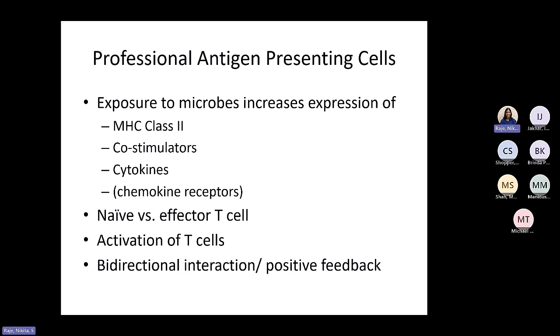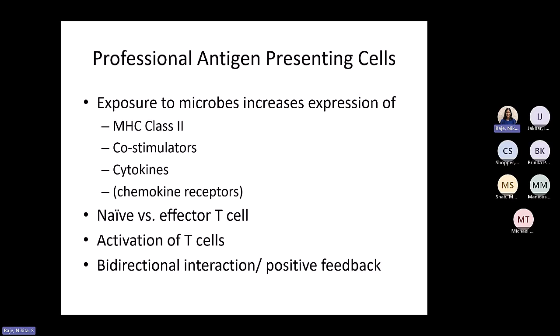Naive T cells, as I mentioned, are going to be presented with these antigens by mainly dendritic cells or other professional antigen presenting cells. But in terms of the B cells and macrophages, they are going to typically work with the effector T cells. And then, as I mentioned, apart from presenting the antigens to the T cells, they also help in activation of T cells using the co-stimulators and the cytokines.